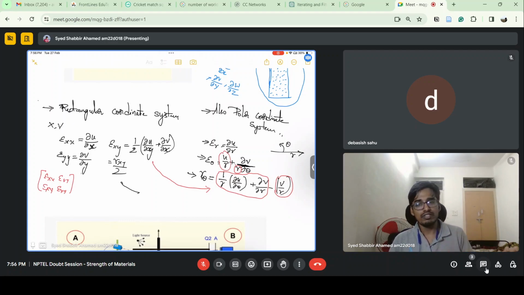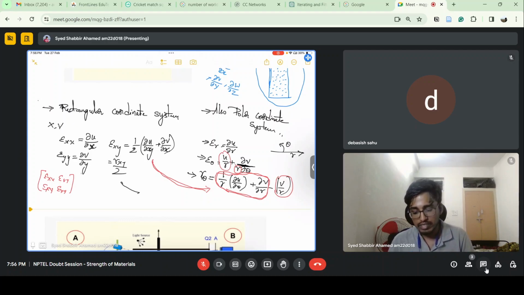I hope you have watched the lecture where the professor takes an element and describes how we get this. Also we have gamma r theta, which is the shear strain. This is similar to the red box which we have taken, but theta and r are the independent coordinates.